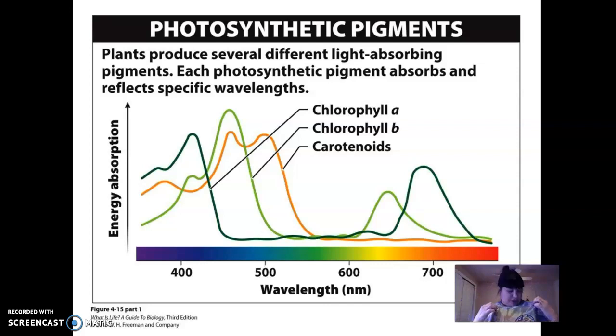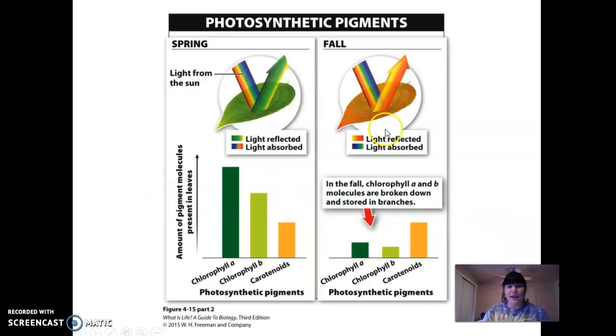If you look at my shirt, I have all kinds of colors, but if you see yellow, the reason you see yellow is that it's being reflected back at you. The reason the plant leaves look green is because that light is being reflected back. So really, the chloroplasts are absorbing blue light and red light. All right, so here it is: light from the sun, absorbing blue and red, reflecting green.